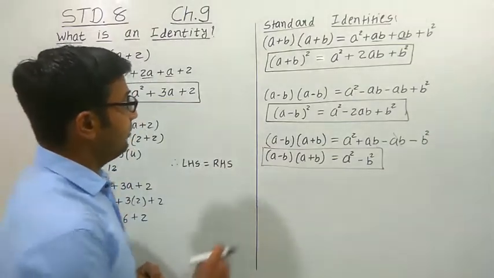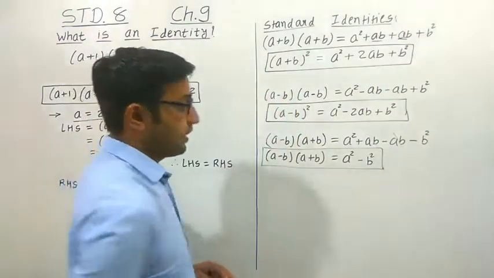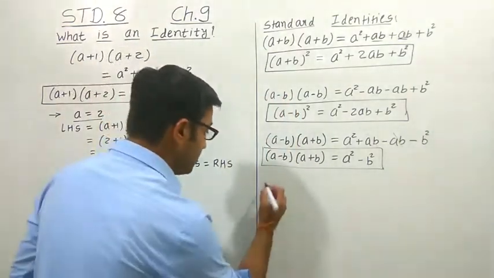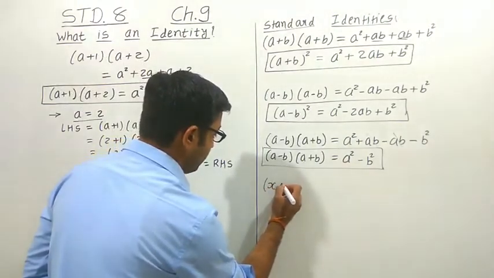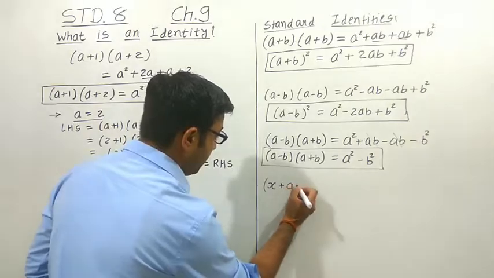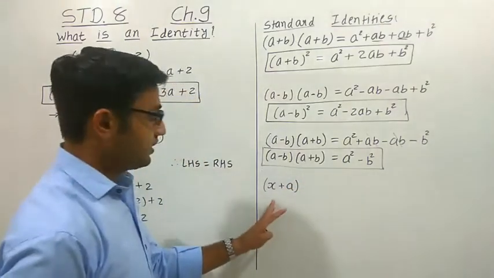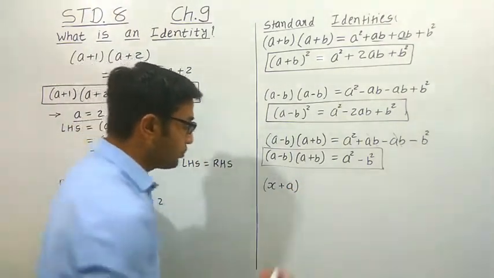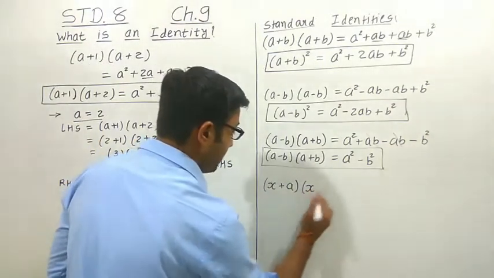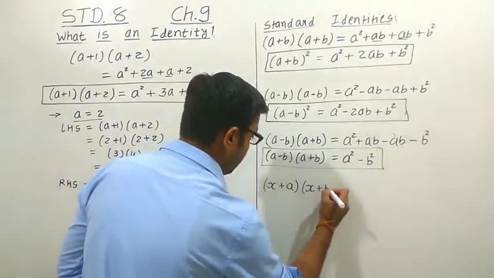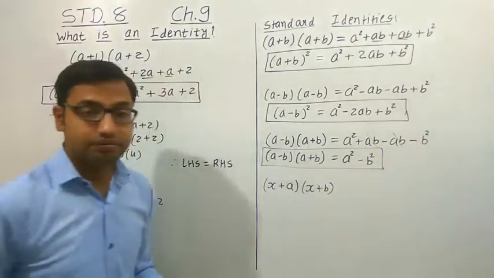See, here we have changed only the sign, but let us now change some more things. Like here we are taking x, one of the variables. Here we are taking a. Here x is the variable, suppose, and a is the constant. And in the second bracket, the first term remains the same, and the second we are changing. We are taking b.